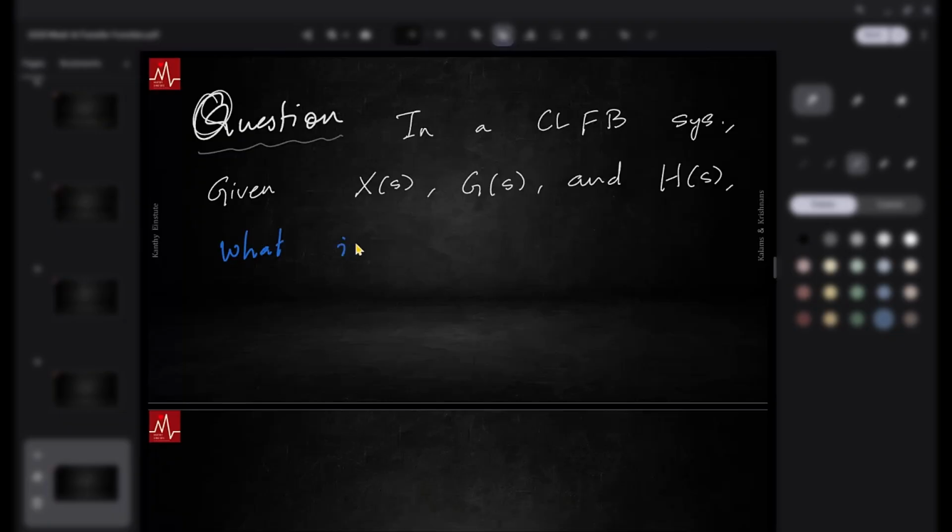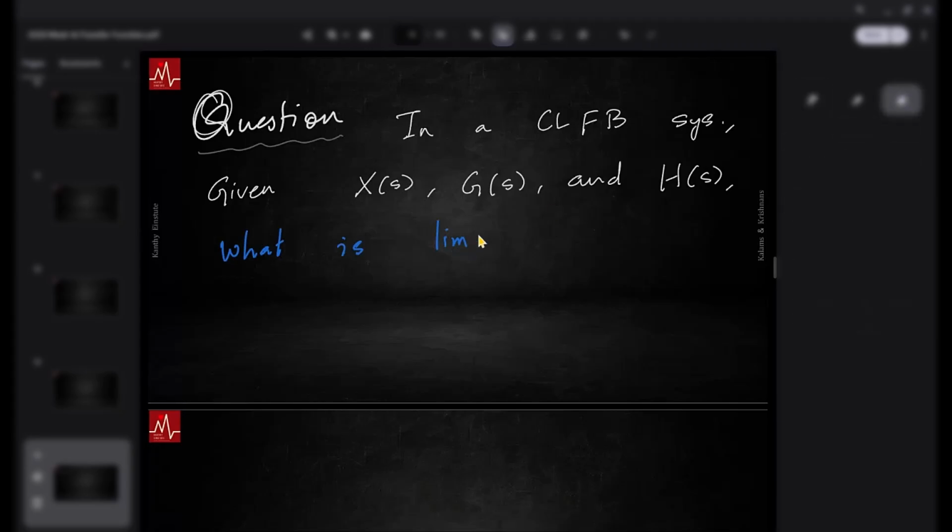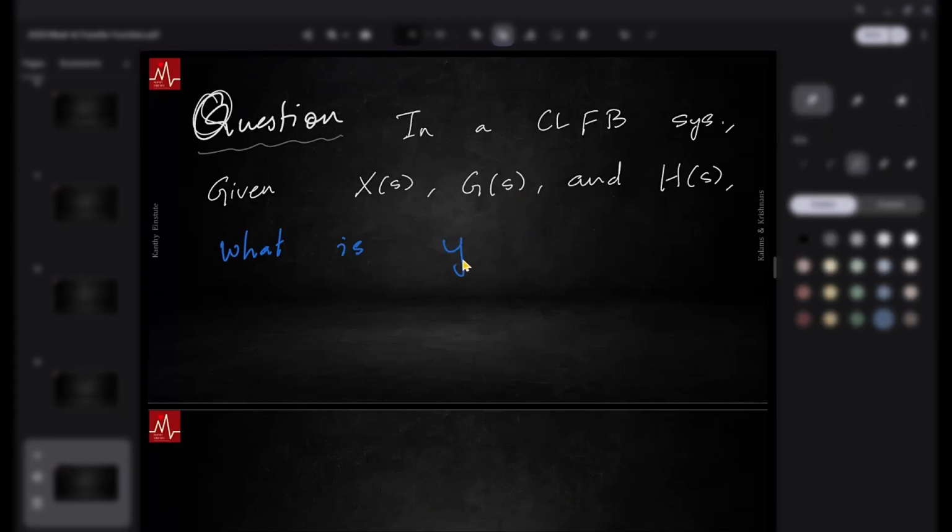What is this plus p of infinity? We'll put this in a couple of other words, that is, time tending to infinity.